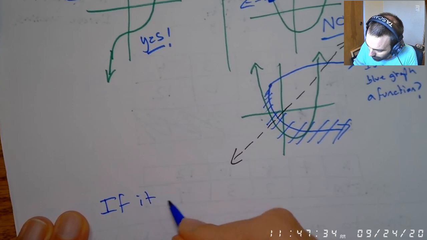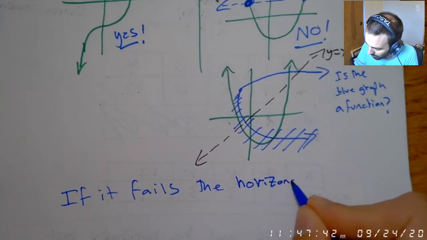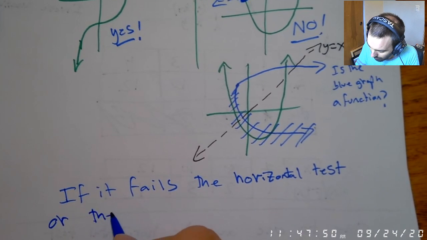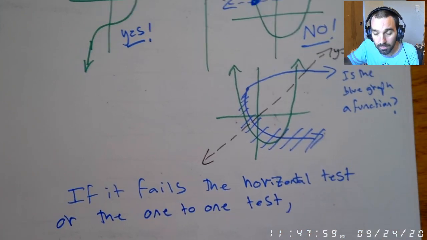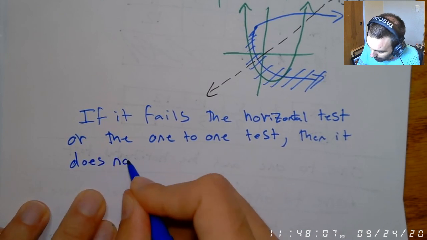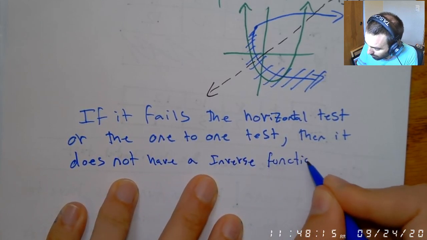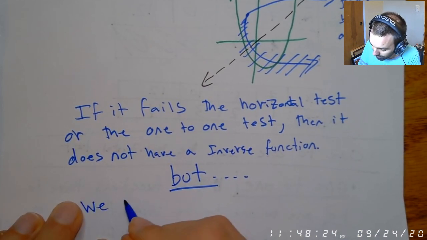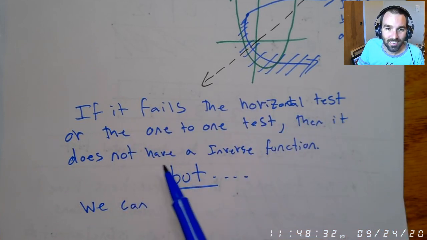So if it fails the horizontal test or the 1-to-1 test, then it does not have an inverse function.